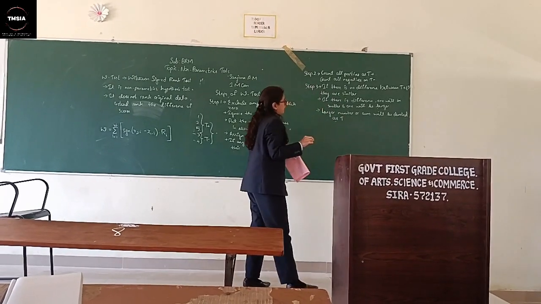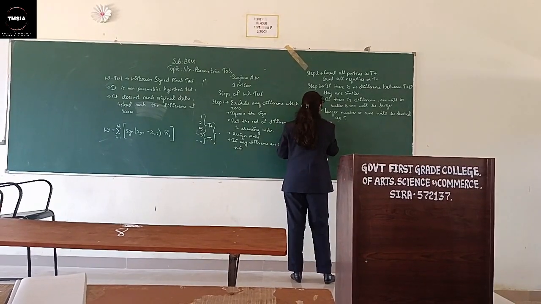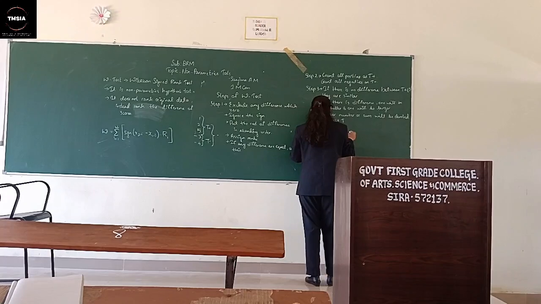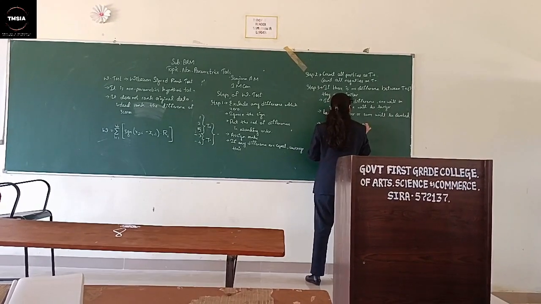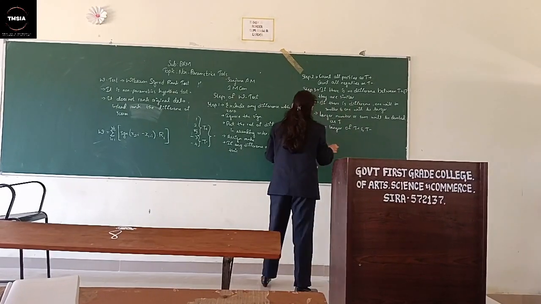The larger number or sum will be denoted as T. Here T is the larger of T plus and T minus. This is the third step.